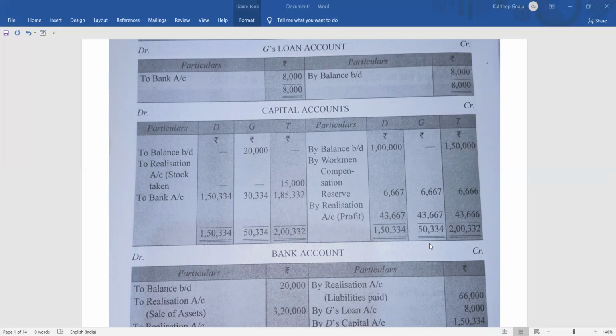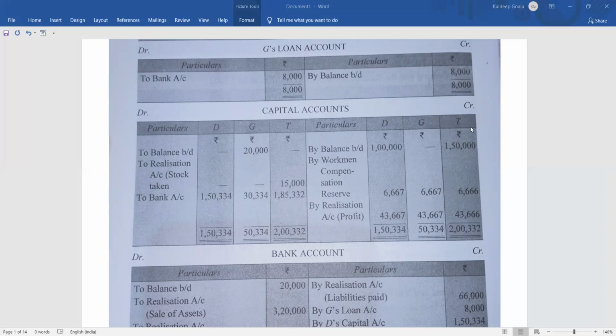The total in the credit side is 50,334, whereas in the debit side we have 20,000. So from 50,334 we will deduct the loss of 20,000, and the remaining balance, 30,334, will be paid to bank account.